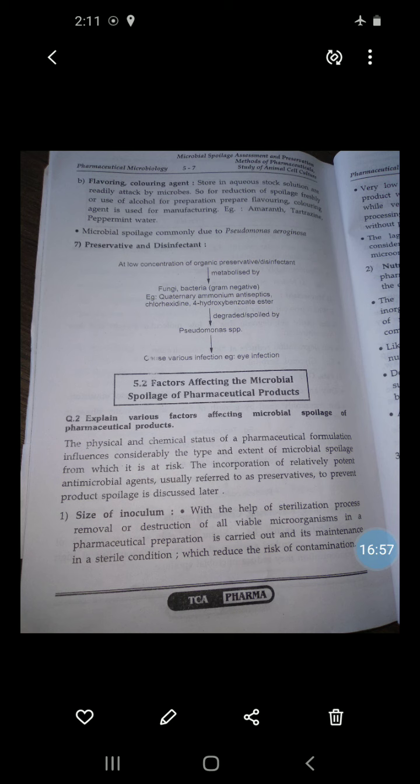At low concentration, organic preservatives or disinfectants are metabolized by fungi and bacteria, generally gram negative bacteria. For example, quaternary ammonium antiseptics, chlorhexidine, and 4-hydroxybenzoate ester are degraded or spoiled by Pseudomonas species and cause various infections, for example eye infection.